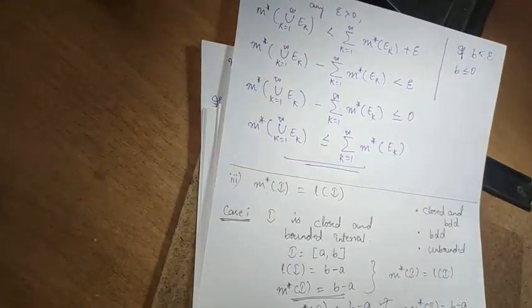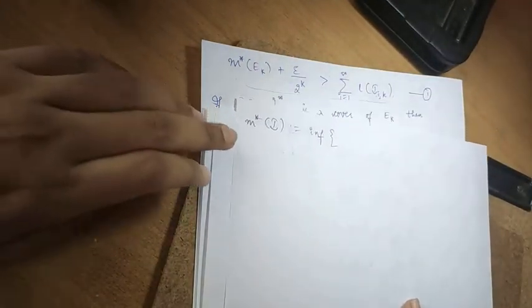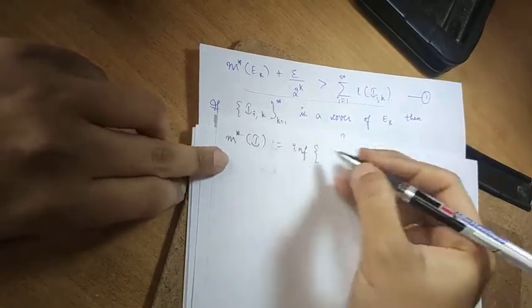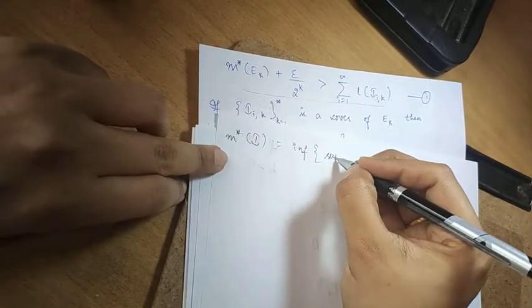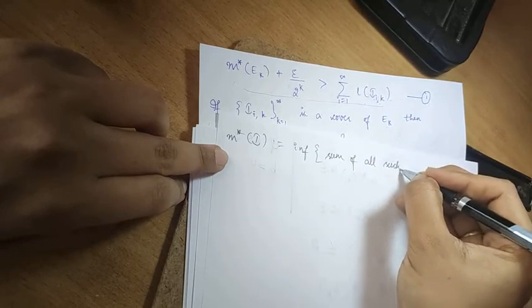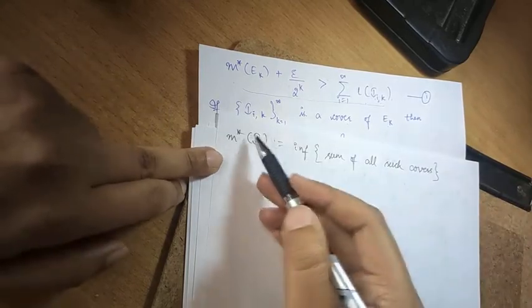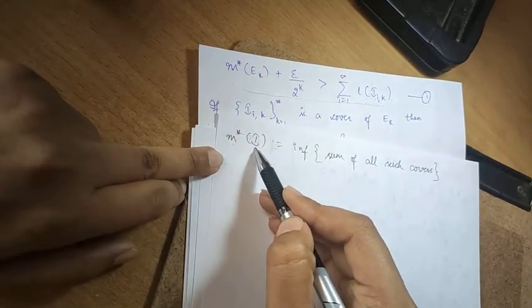Similarly, I should find all possible such covers and take the infimum of the sum over all such covers. That is nothing but the outer measure of I.